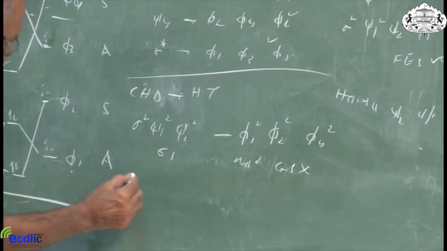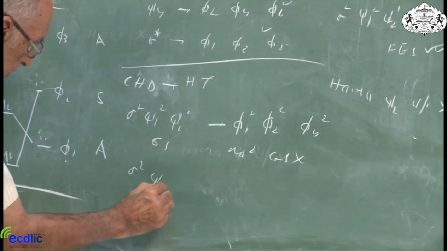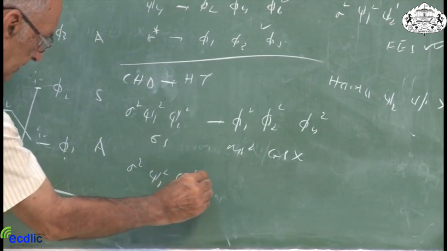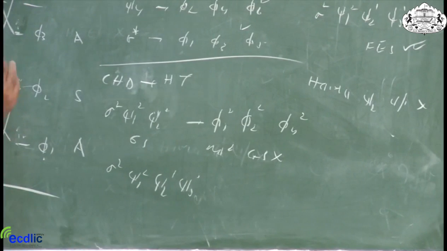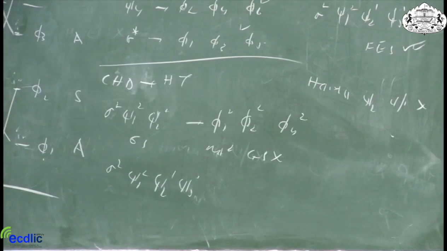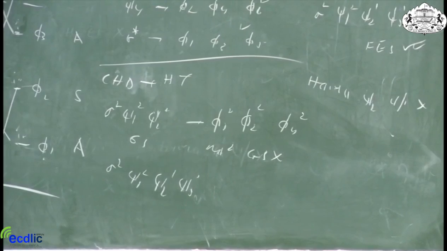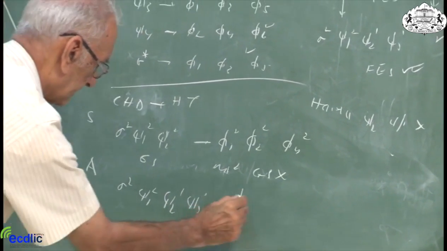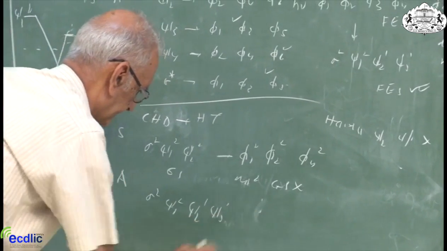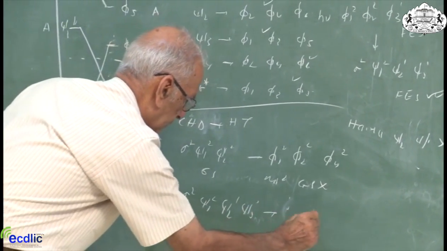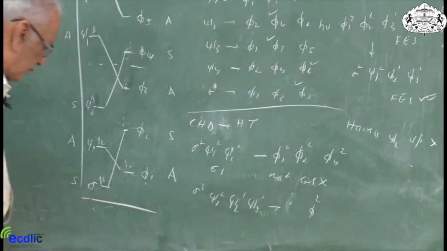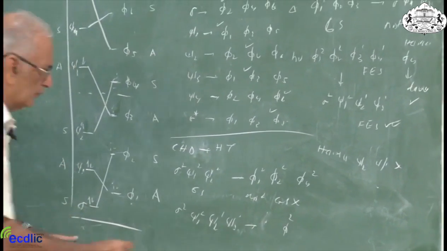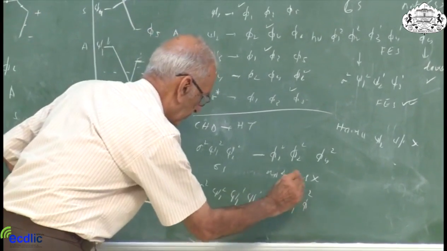Photochemical: sigma 2, psi 1 2, psi 2 1, psi 3 1. Sigma 2 goes into phi 2. Psi 1 2 goes into phi 1 2.